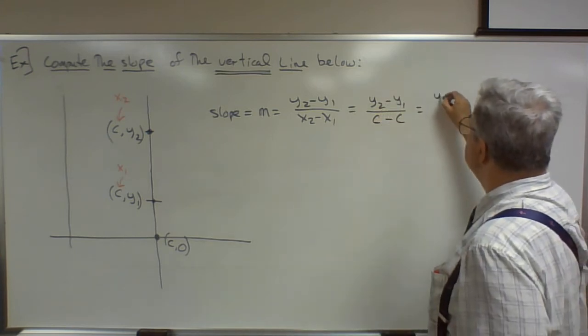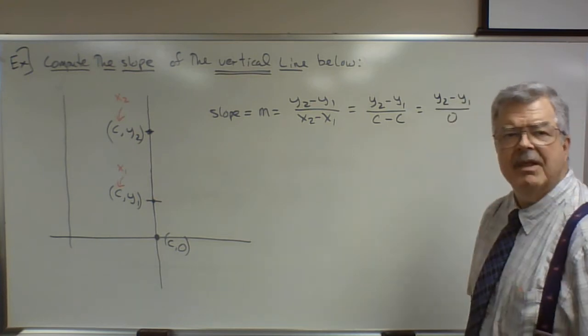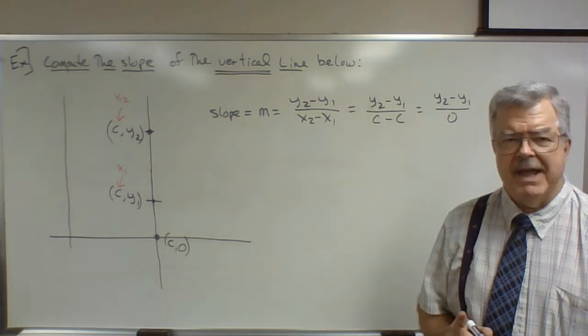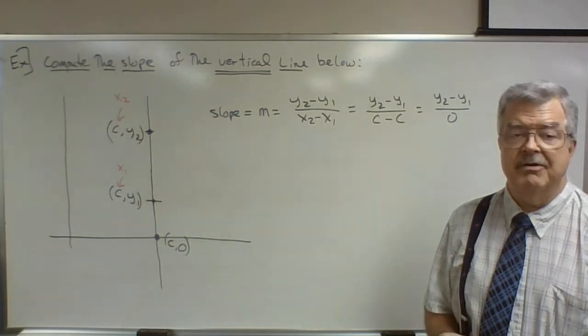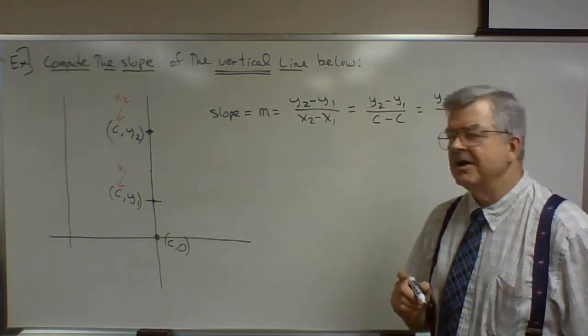So we have y sub 2 minus y sub 1 over 0. And one thing that we don't do in math, it's a cardinal sin, we don't divide by 0. Anytime we divide by 0, the result is undefined.